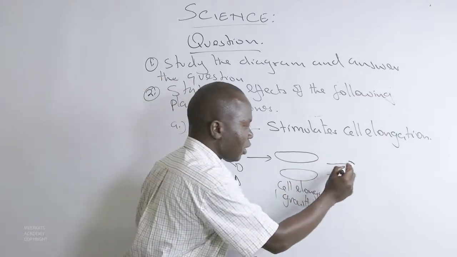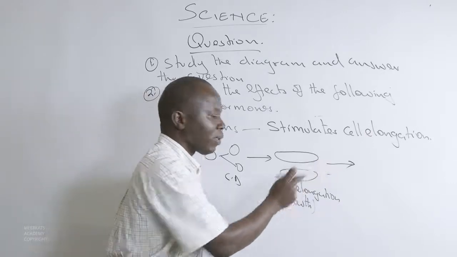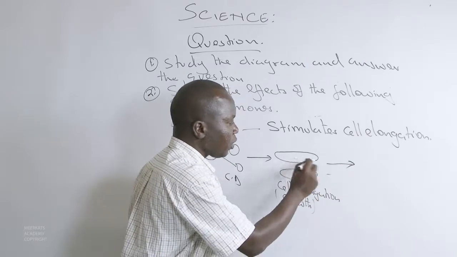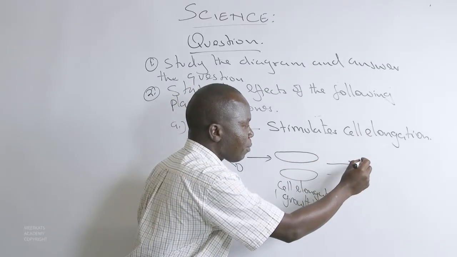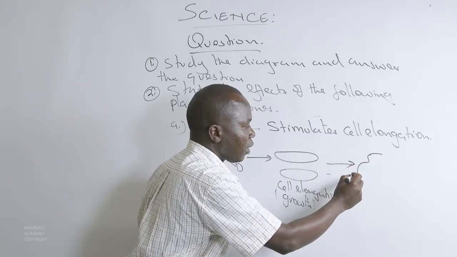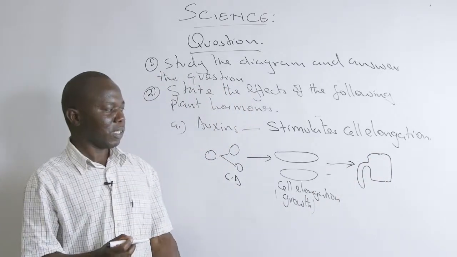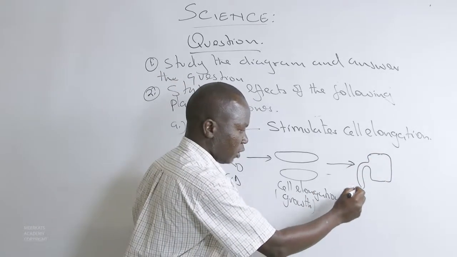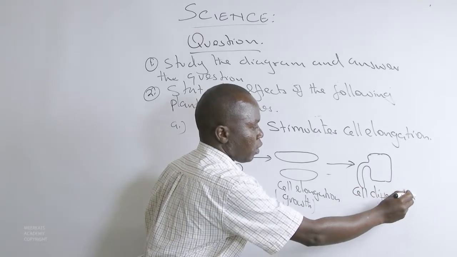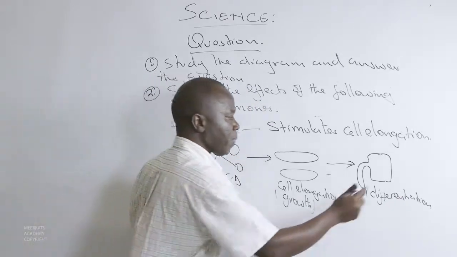Then after that, just a reminder of the cell cycle. After cell elongation, the cell will start differentiating, that is, cell differentiation. If this was just a cell like that, maybe it forms a root hair cell, something like that. That's modification. It has been modified, cell differentiation. After the cell has differentiated, it becomes mature.